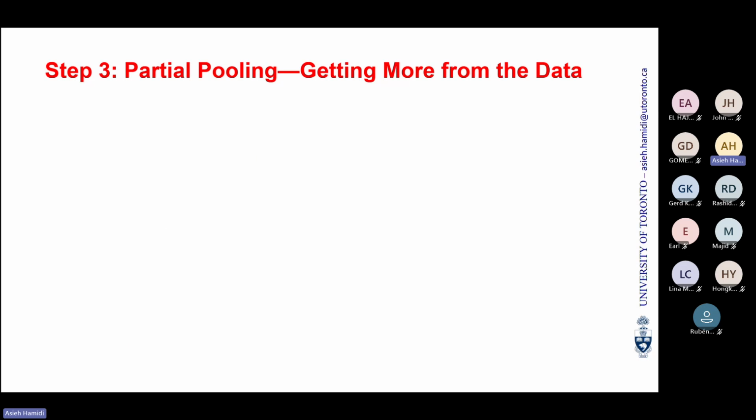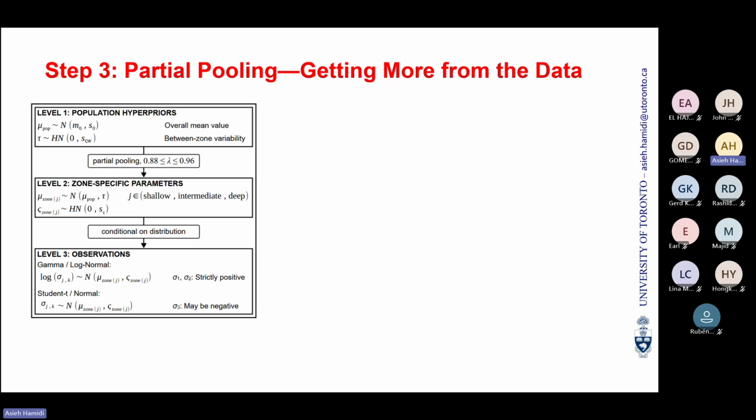To show you the framework overall, we design our population hyperprior in terms of what could be our mean and between-zone variability, based on the segments that we have on top.